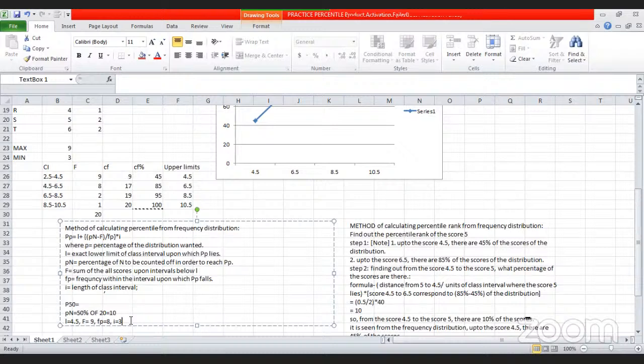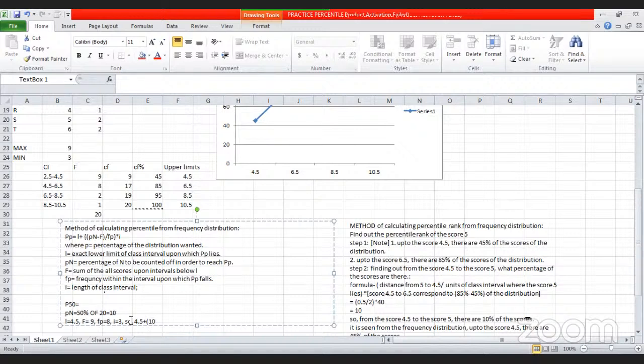Now we have to just put the formula. So it will be 4.5 plus the Pn is 10.